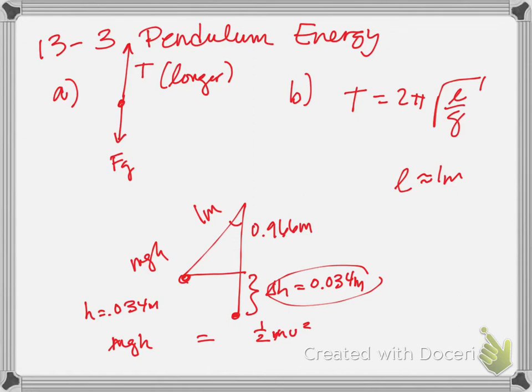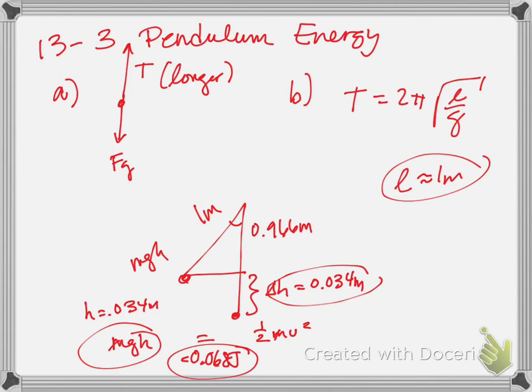They only ask for the kinetic energy, so we don't actually have to find the speed. This mgh, I guess we do need the mass there, is equal to 0.068 joules. So we didn't actually have to find the speed. We could just equate that to the initial potential energy, which is 0.068. So we have 1 point for using the period to get the length of the string, 1 point for getting this 0.966 meters.